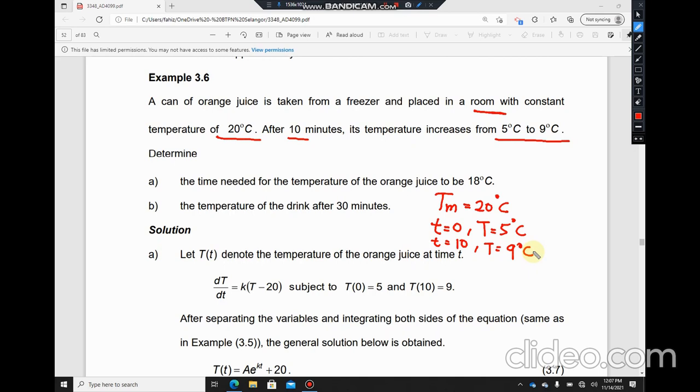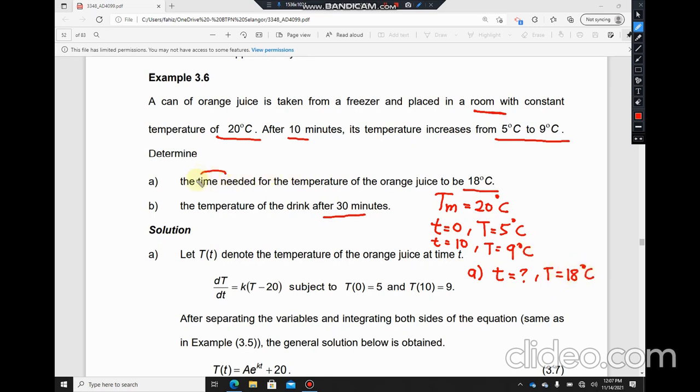Okay, so first, the time needed for the temperature of the orange juice to be 18 degrees, and then the temperature of the drink after 30 minutes. Okay, so we have the same step. A, dia nak time. What is your time when temperature is 18 degrees Celsius?